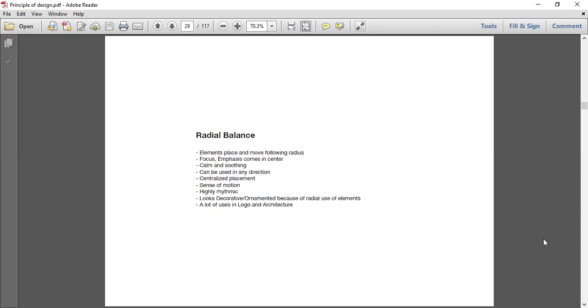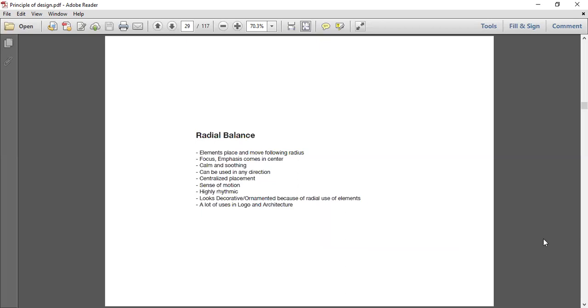First, let's try to understand this theoretically. Elements place and move following the radius. So what do they mean by elements placed and moved following the radius?